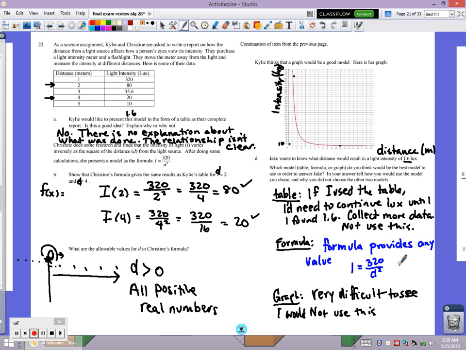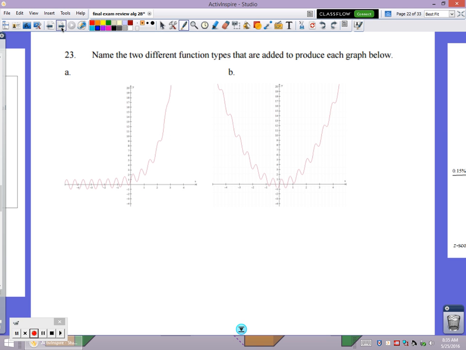I want my intensity to be 1.6. 320 over d squared. I could multiply both sides, divide and then square root, and I could find that the distance is about 14.14 if you do the math, but I would definitely use formula because I could find any value. Okay? All right. Wonderful.